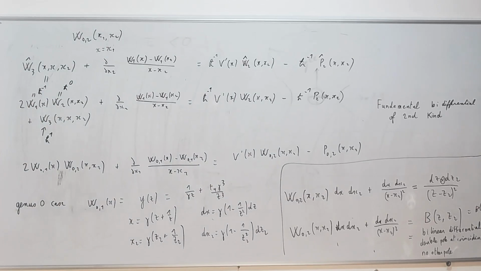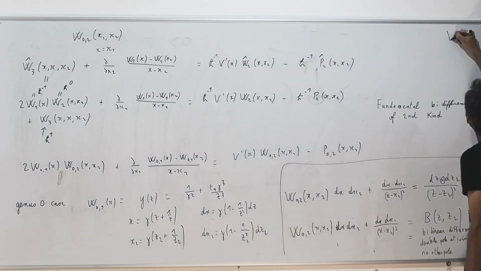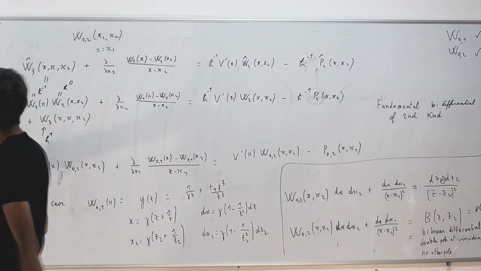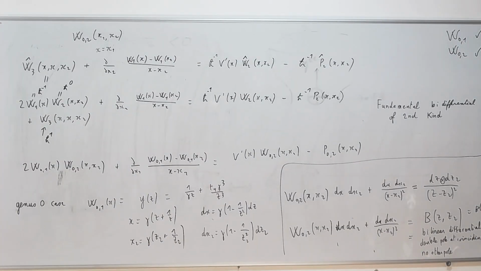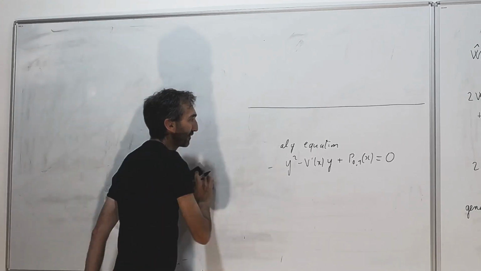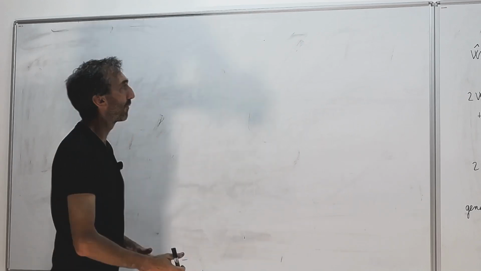So now, let us consider that W02 is done. W01, done. W02, let's consider it's done. Now, what shall we do next? I think we should do W03. Or no, let's start with W11, except that for W11, I will not finish the full computation to the end. But let's remember what our equation was.